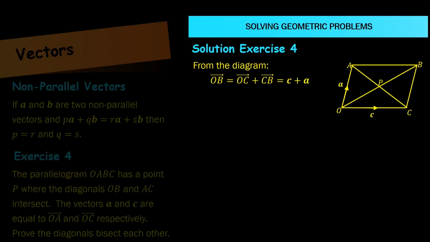We also have that AC equals AO plus OC. And of course, AO is equal to minus OA. And OC remains the same.